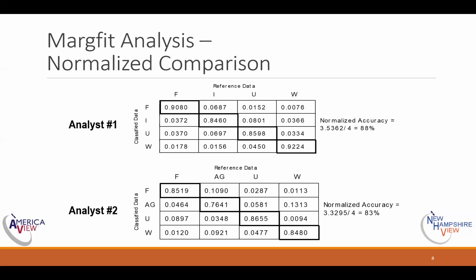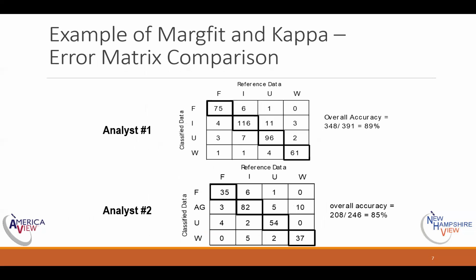Okay. We can also calculate a normalized accuracy. So you remember for just calculating overall accuracy, we would just sum up that major diagonal. So 75 plus 116 plus 96 plus 61 and divide by the total number of samples. So you can see that on the side there, 348 divided by 391, or 89%.